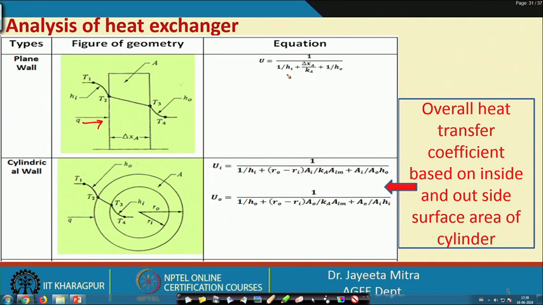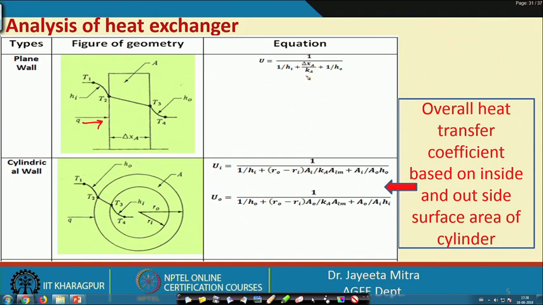So, we know that to cause any flow we need driving force divided by the resistance term, right. So, here on this side where the hot fluid is, H I is the heat transfer coefficient. So, 1 by H I is actually the resistance on the hot fluid side.